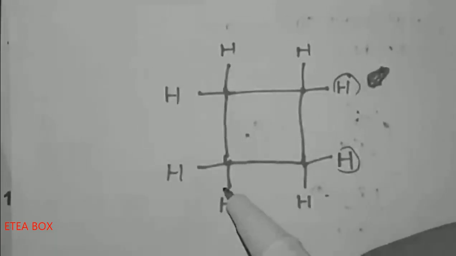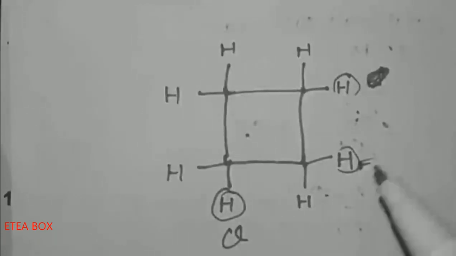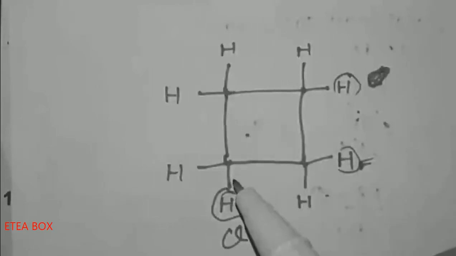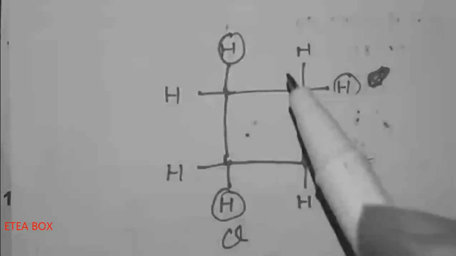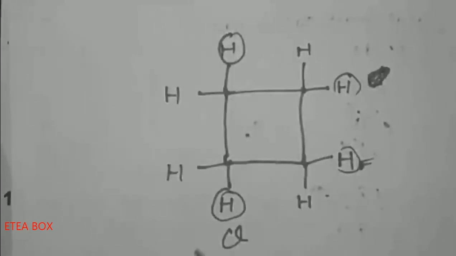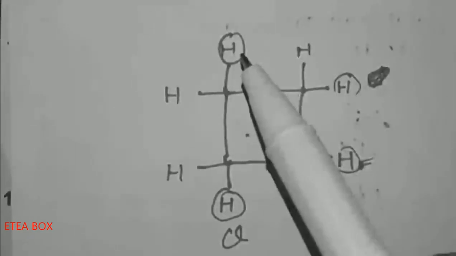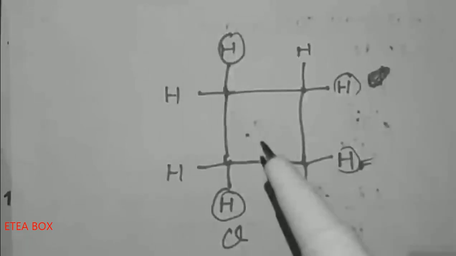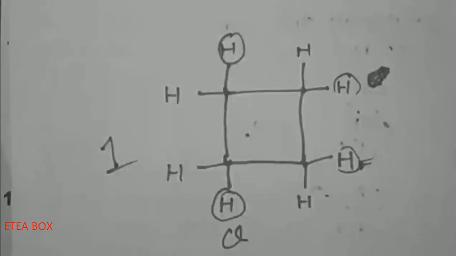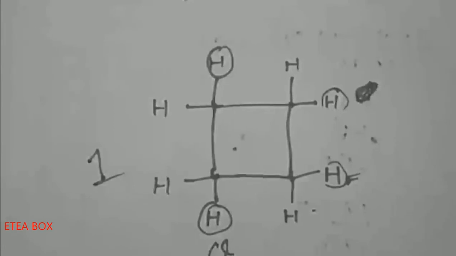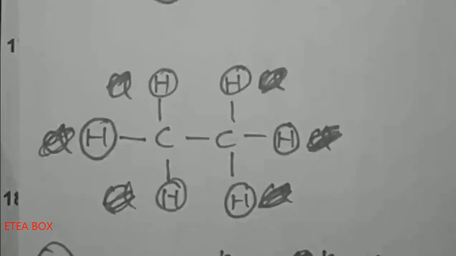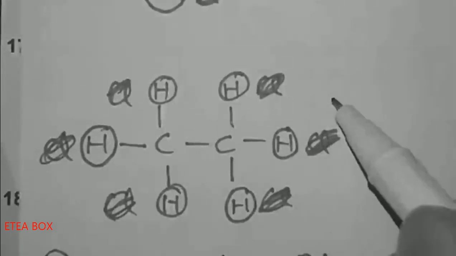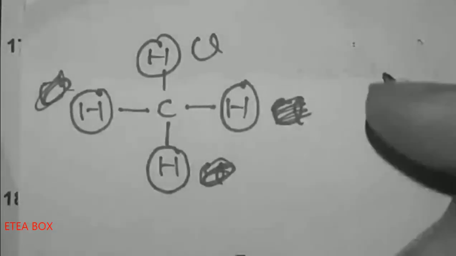If I replace this hydrogen with chlorine, the compound gets the same name, and likewise for this hydrogen. So the environment of these hydrogens is the same, and it will get 1 peak in the NMR spectrum. This one gets 1 peak, butane gets 2 peaks, ethane gets 1 peak, and methane also gets 1 peak.